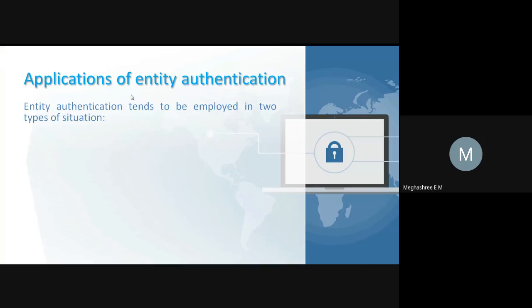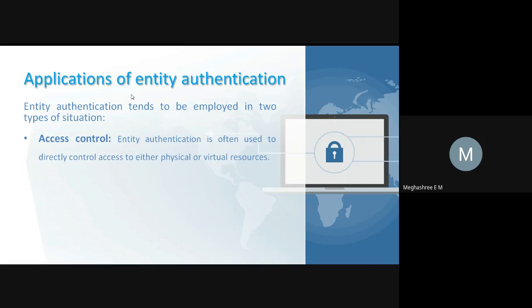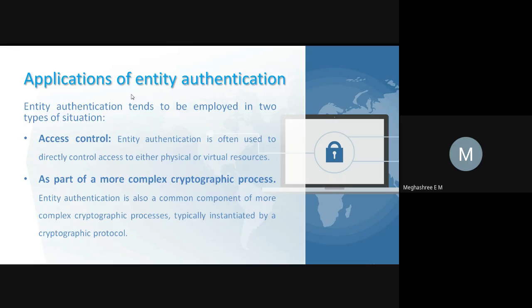So, applications of entity authentication. We'll see where we require entity authentication. With respect to your syllabus, 2 situations are given. One is access control, and the next one is as part of a more complex cryptographic process. Why do we need entity authentication at access control?